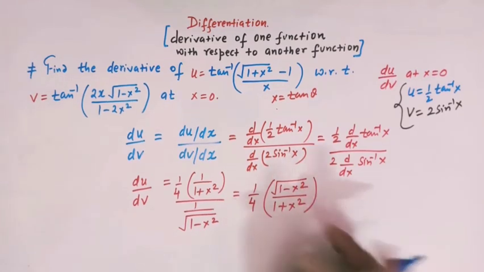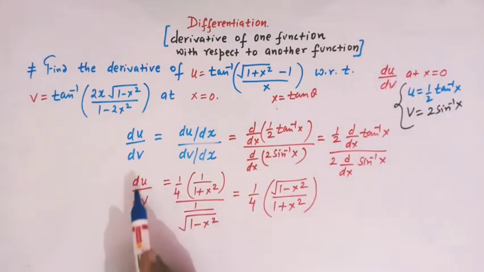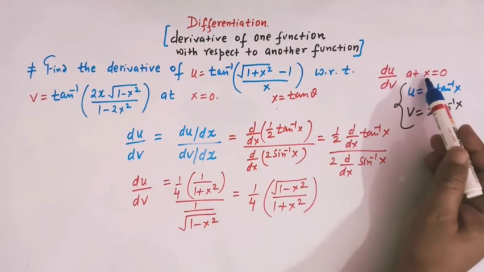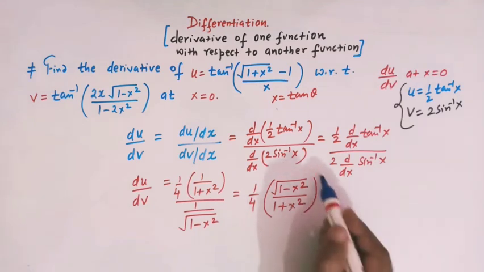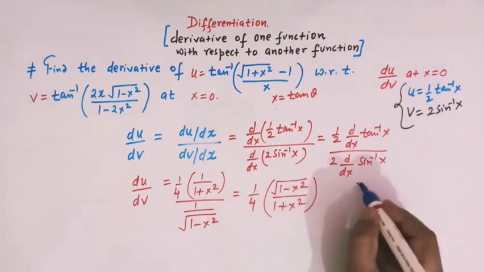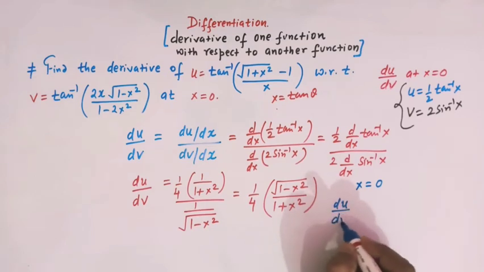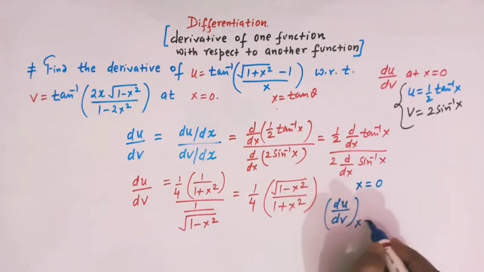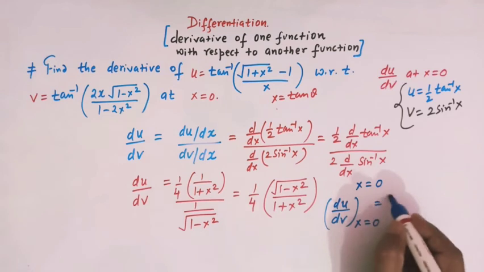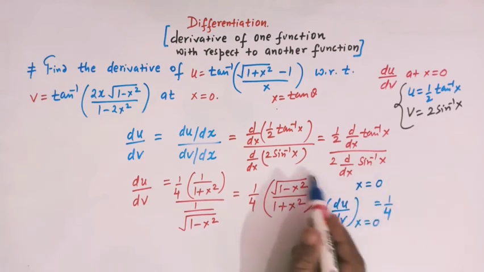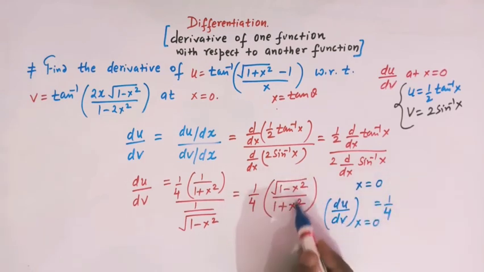So now we have to find the derivative of u with respect to v at x equal to 0, right? So here we can take x equal to 0, so du over dv at x equal to 0 is equal to 1 over 4, and here we'll take x equal to 0, right?